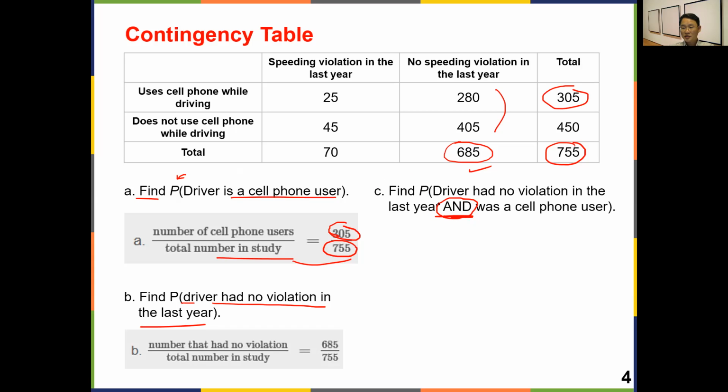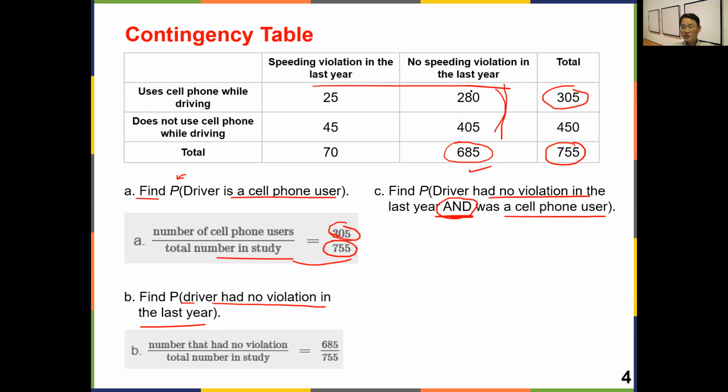Why? Because this should be the cross section of no speed violation and cell phone user. So no speed violation is here. This is no speed violation. And cell phone user is here. This is cell phone user.